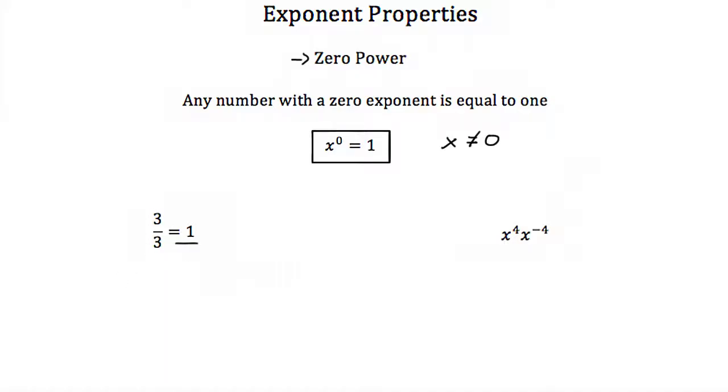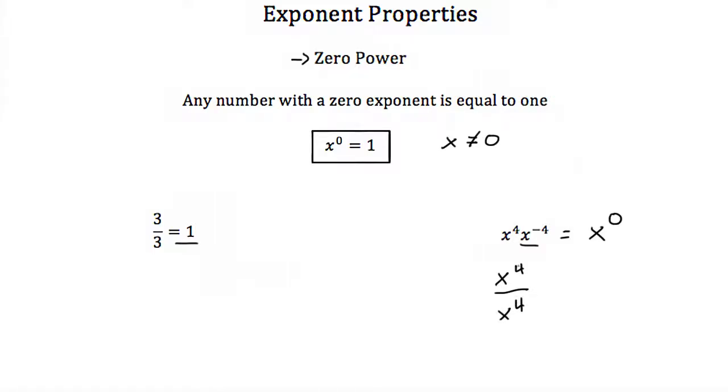That's no big deal. And if we had x to the 4th times x to the minus 4th, we could take x and add our exponents, and we get x to the 0. Well, imagine if I used the properties of negative exponents and rewrote this and put this x to the negative 4th in the denominator. We would have x to the 4th over x to the 4th.